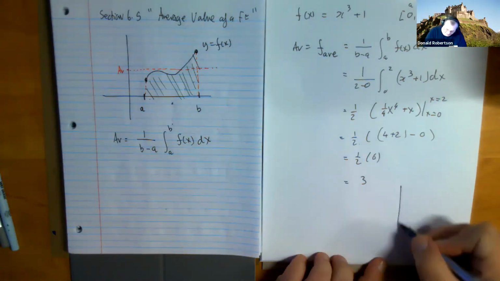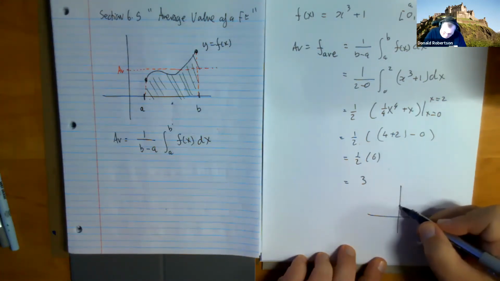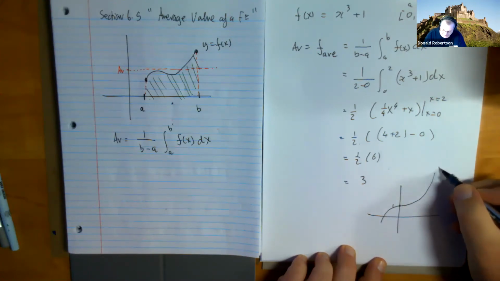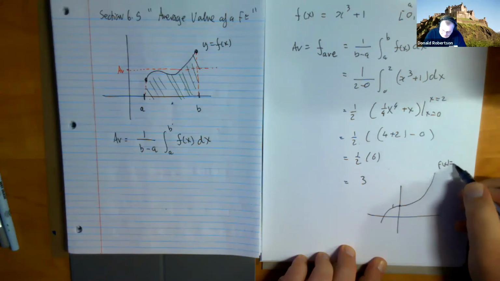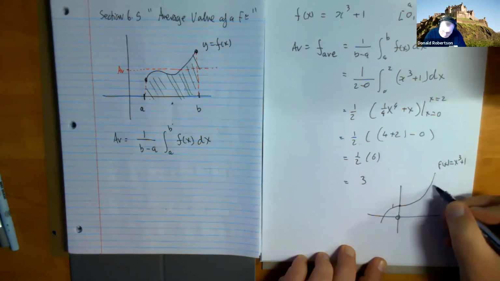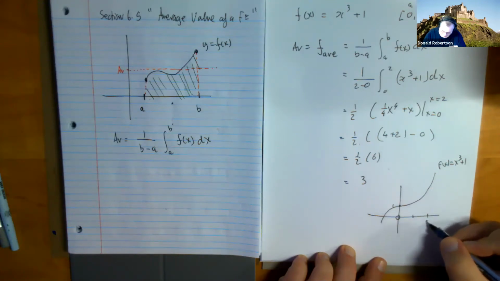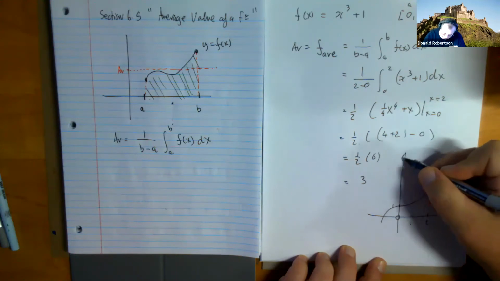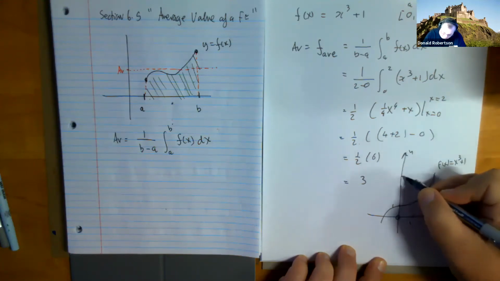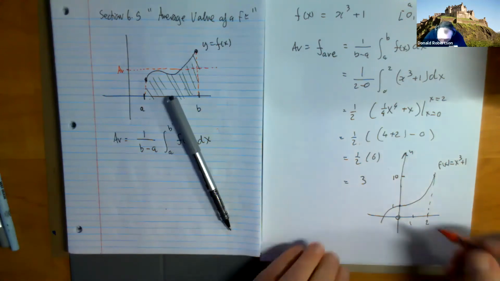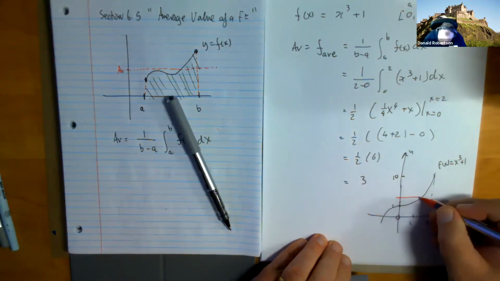So if I sketched f of x equals x cubed plus 1, and I did it from 0 to 2, the average value of this function is about here.